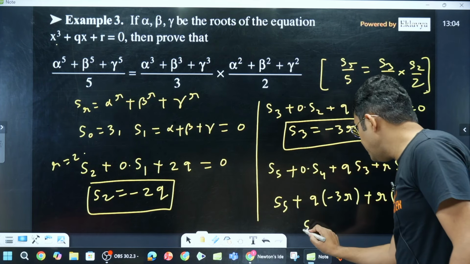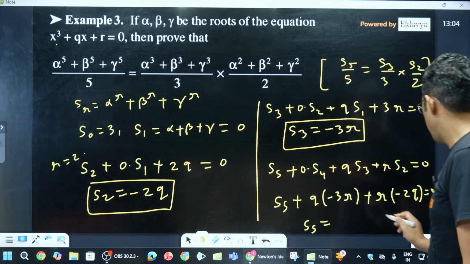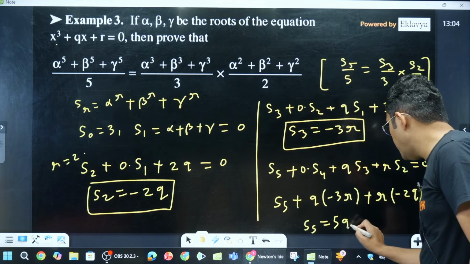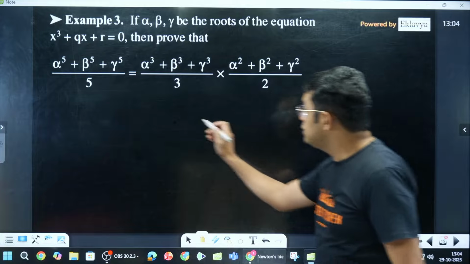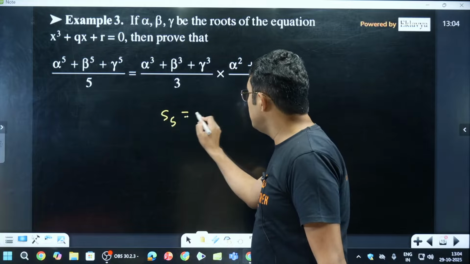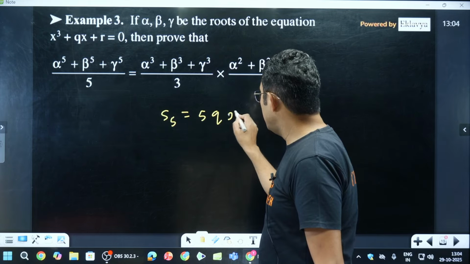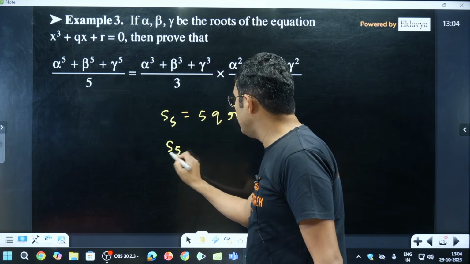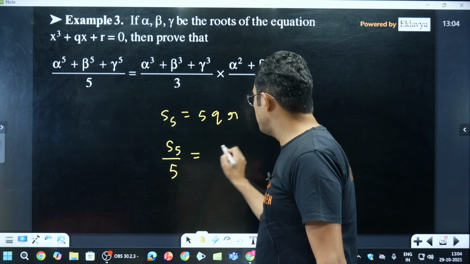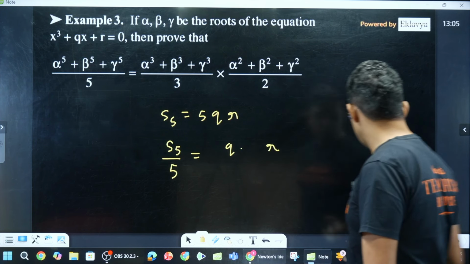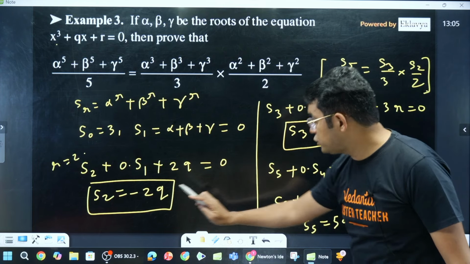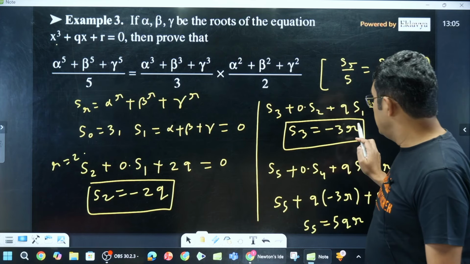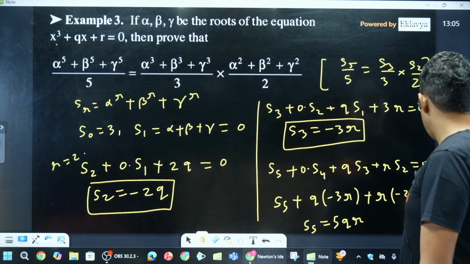So what we are getting, S5 is coming out to be 3 plus 2, that is 5QR. So S5 is equal to 5QR. I can write S5 upon 5 is equal to Q into R. Then what is Q and what is R? You can see Q is S2 upon minus 2, R is S3 upon minus 3.